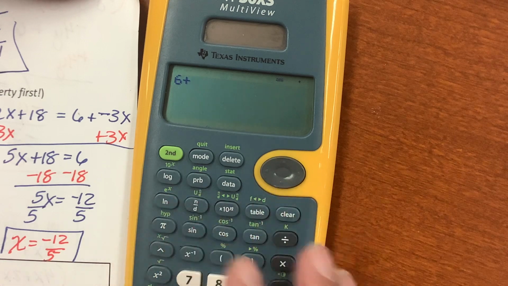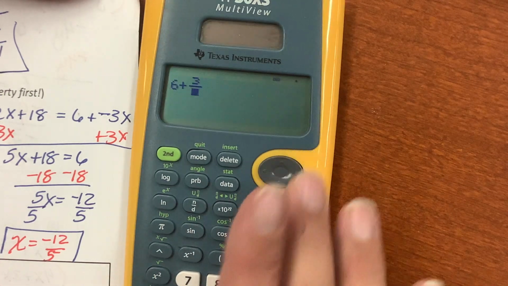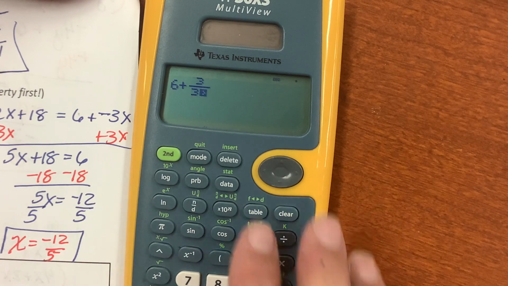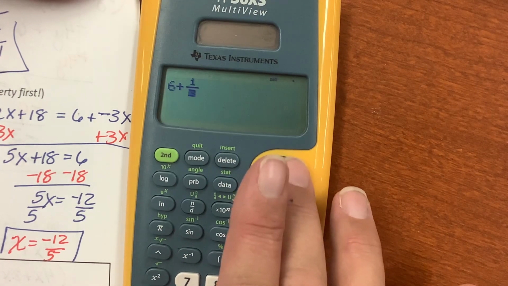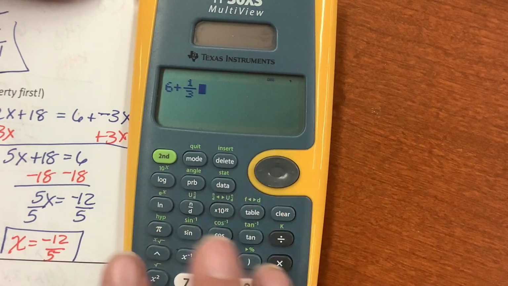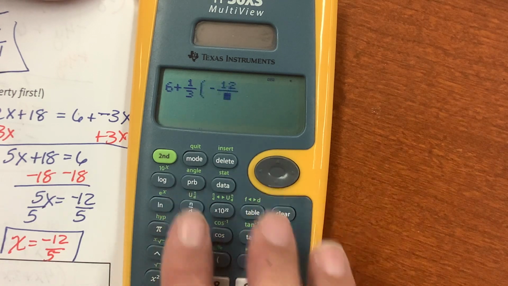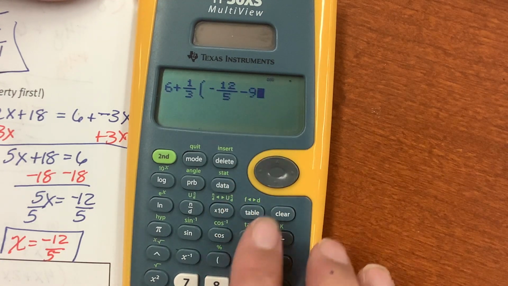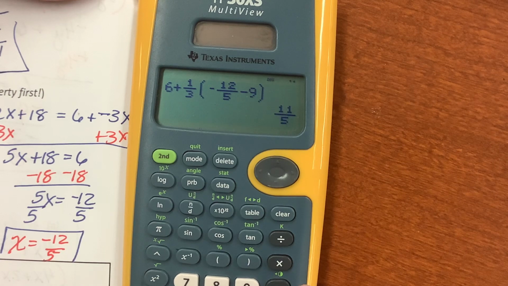6 plus 1/3 times, well, what happened here? Come on, Bono, what did you do? I had to change that to a 1/3. Okay. 6 plus 1/3 times negative 12 over 5 minus 9 equals 11 over 5.